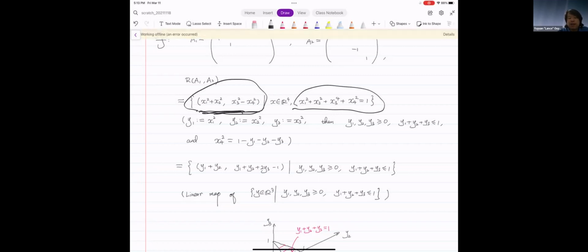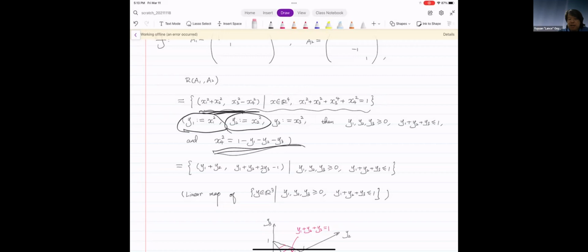There is actually a relatively simple way to write down the set in an equivalent way. The reason is because if you take a look at my description of the set, I only have squares. I have x1 squared, x2 squared, x3 squared, x4 squared. Therefore, I can let y1 be x1 squared, y2 be x2 squared, y3 be x3 squared, and x4 squared, well, I don't need anything because x4 squared is 1 minus the sum of y1, y2, y3.